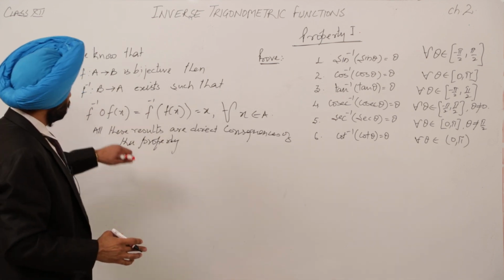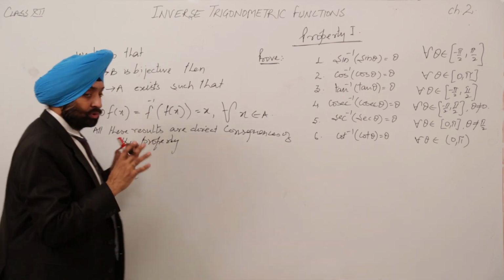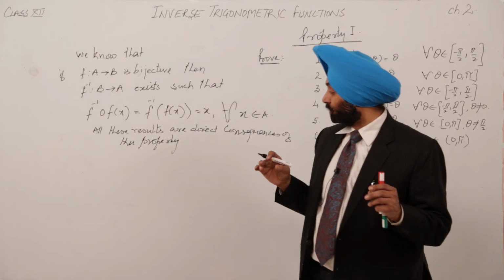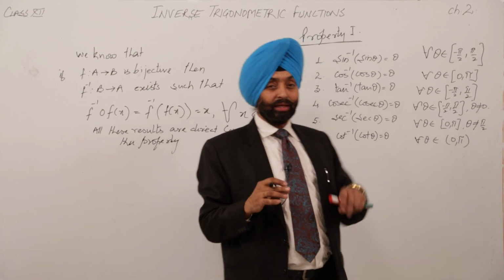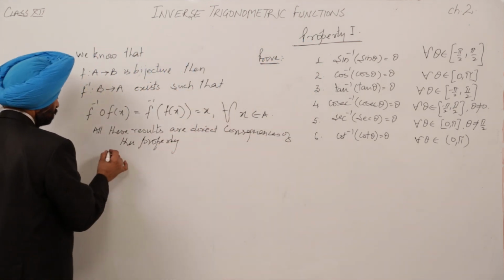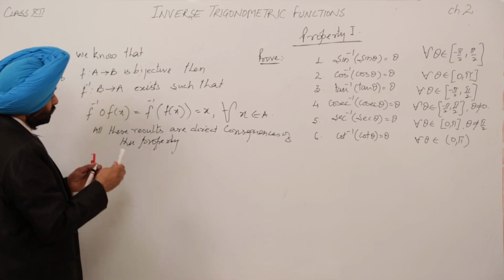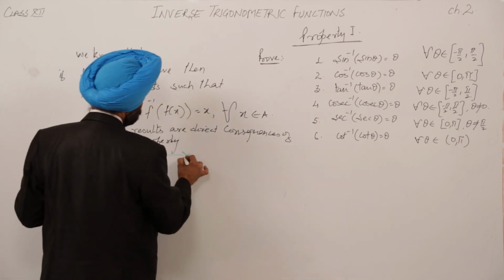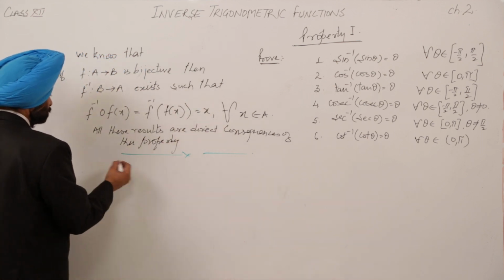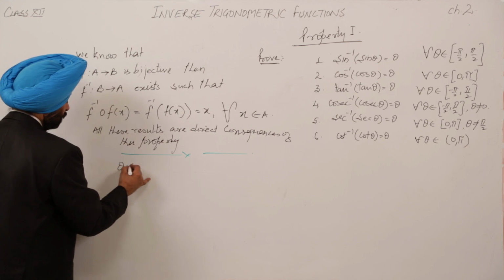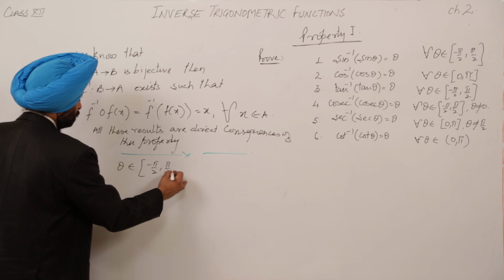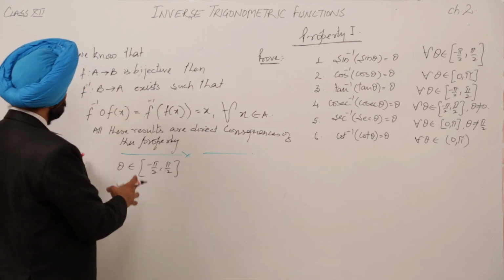In the other way, if you think that taking this inverse part or composite functions you are getting a little bit bored, I can do it once more for you. If you are feeling a little bit bored with this part, we can do it with another part also. Let theta belong to, that is the principal value, minus pi by 2 to pi by 2, and this is for what?